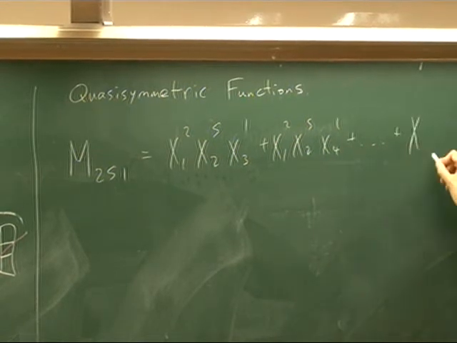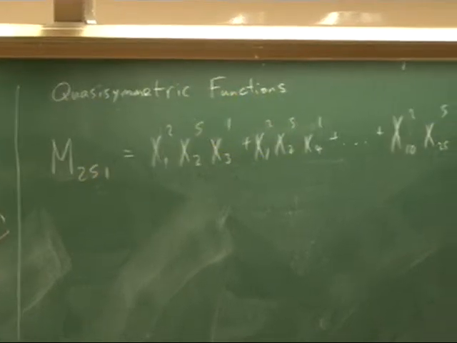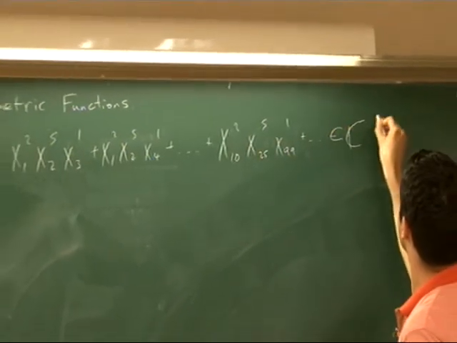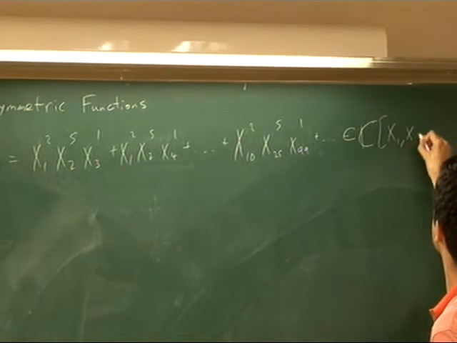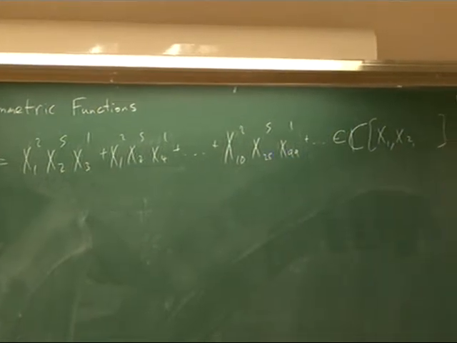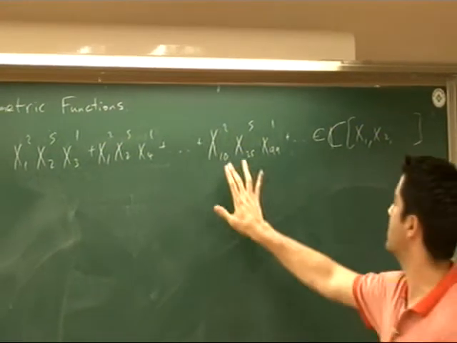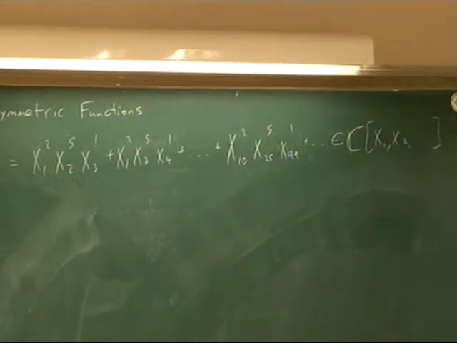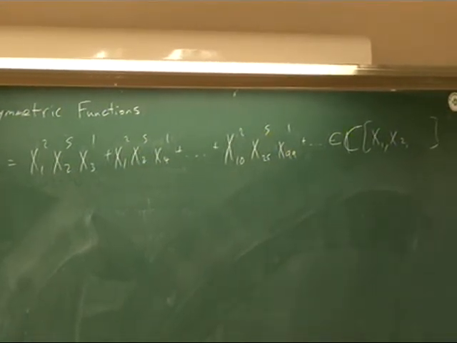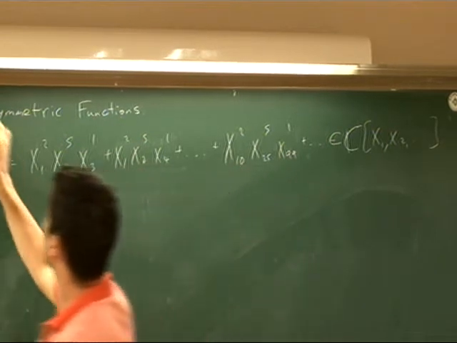So x10 squared, x25 to the 5, x99 to the 1, and so on, right? How many variables are there? There's infinitely many variables. They belong to the ring of polynomials. Okay, so just a polynomial, and I always want these three increasing.